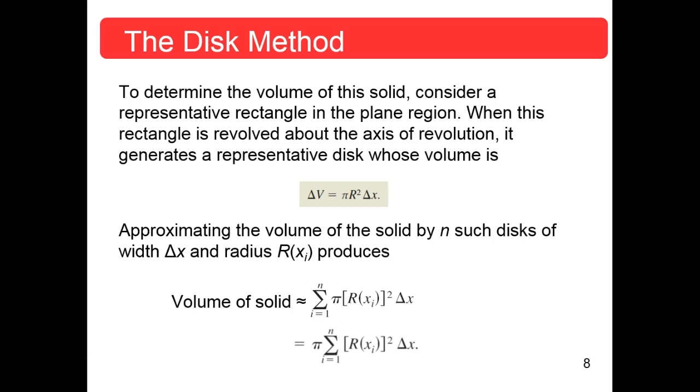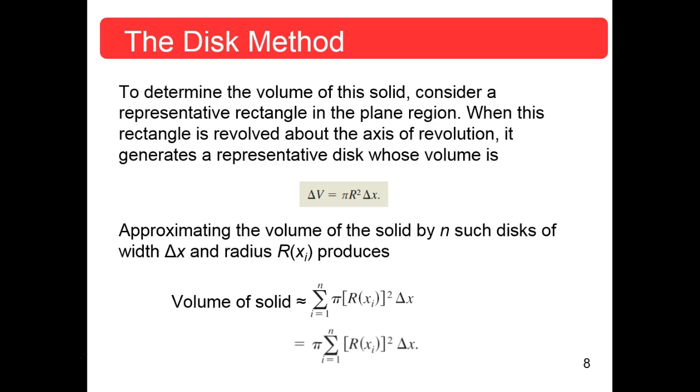To determine the volume of that solid, consider a representative rectangle in the plane region. When that rectangle is revolved around the axis of revolution, it generates a representative disk whose volume delta V is pi r squared, where r is the height of that little rectangle, times delta x.